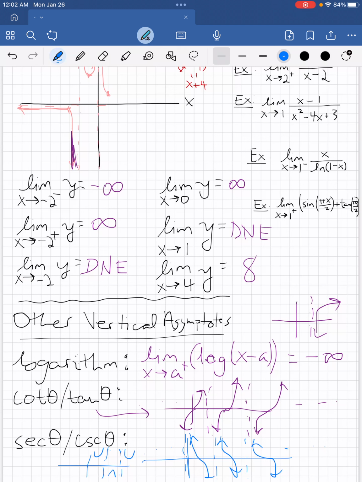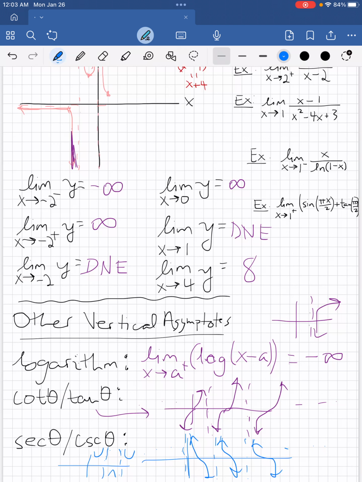And of course, you also have to think about transformations to it. Like if it were a negative log, you would be subtracting a really big negative number. So you would be adding a really big positive number, because subtracting a negative is adding. But yeah, definitely know which functions have asymptotes like this. These are the ones you need to know.